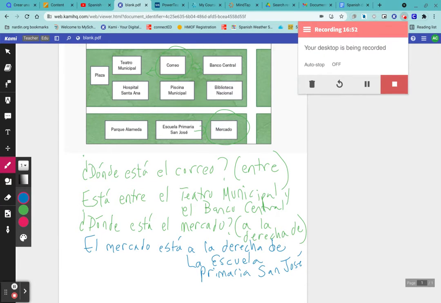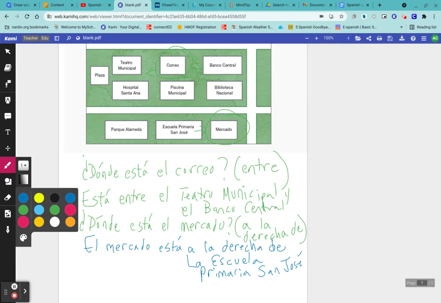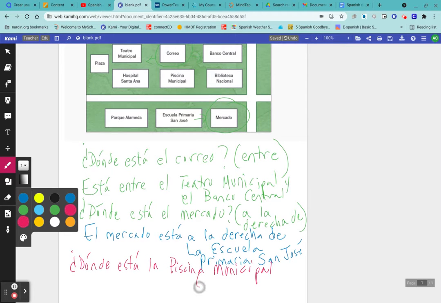Then if we wanted to ask a question about the piscina municipal, ¿Dónde está la piscina municipal? And you wanted to say that it is in front of the correo. That's enfrente de.